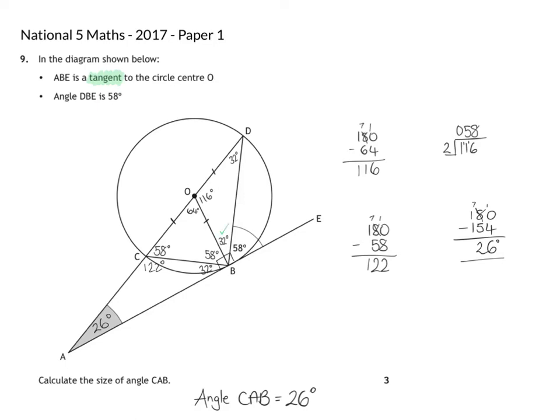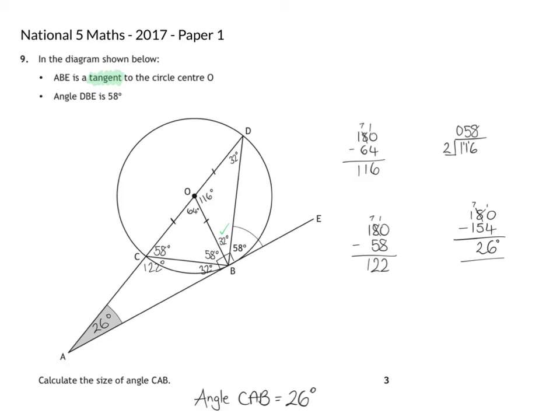If you've then worked out angle ODB is 32, that's our second mark in here. That's one way of doing it, and then getting to our final answer of 26 would be mark 3.